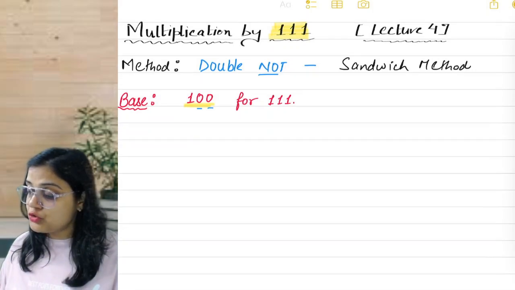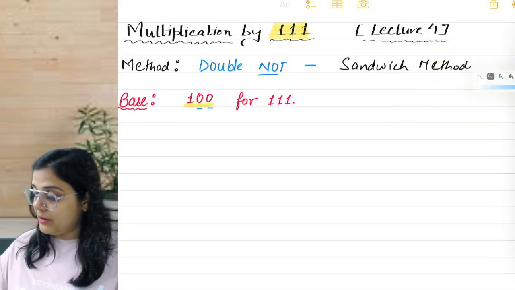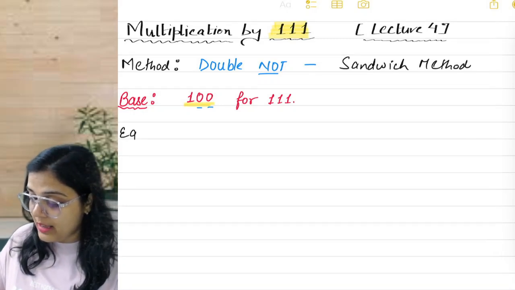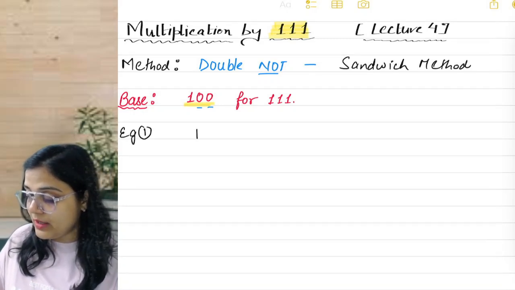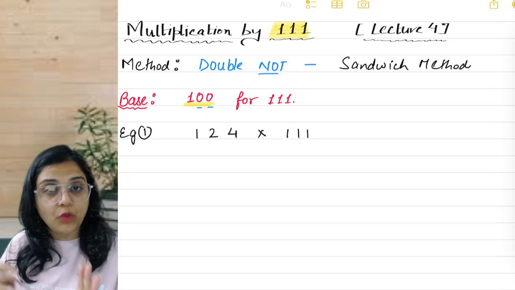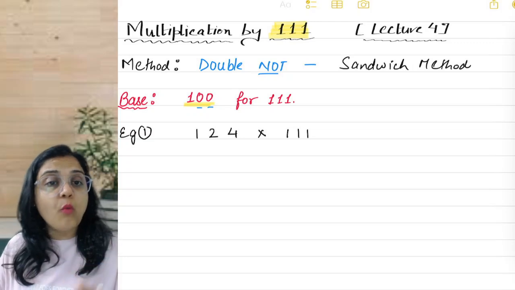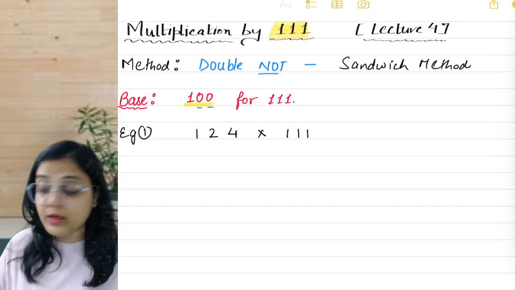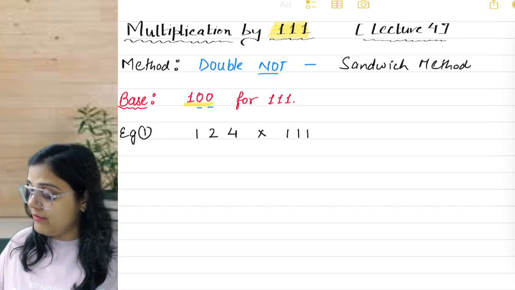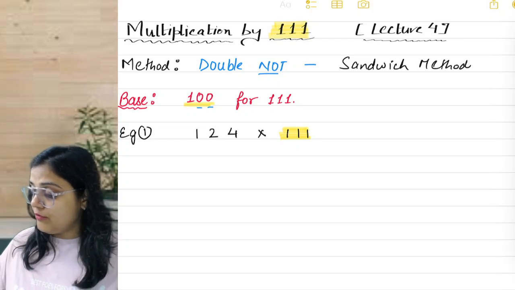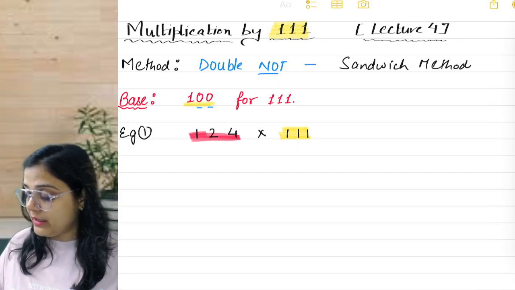All right. So let us see the example. Let me take example number 1 as 124 multiplied by 111. All right, this is my number, 124 multiplied by 111. I have taken an easy one. So here 111 is the multiplier and the multiplicand is 124.